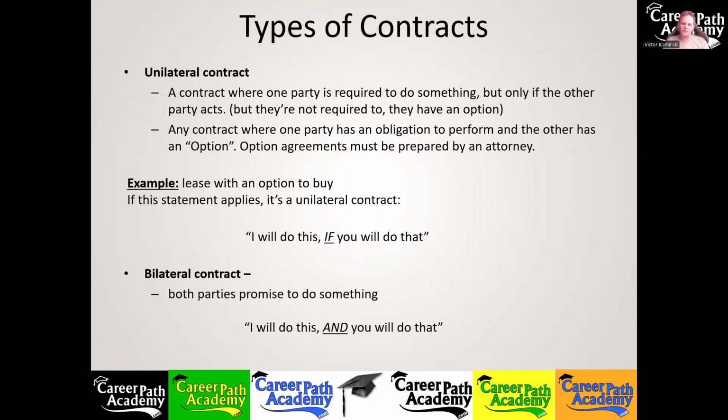It may even be included within the lease agreement, but it's really a separate contract. An option to buy. Do you have to buy if you have an option to buy? No, you did not.